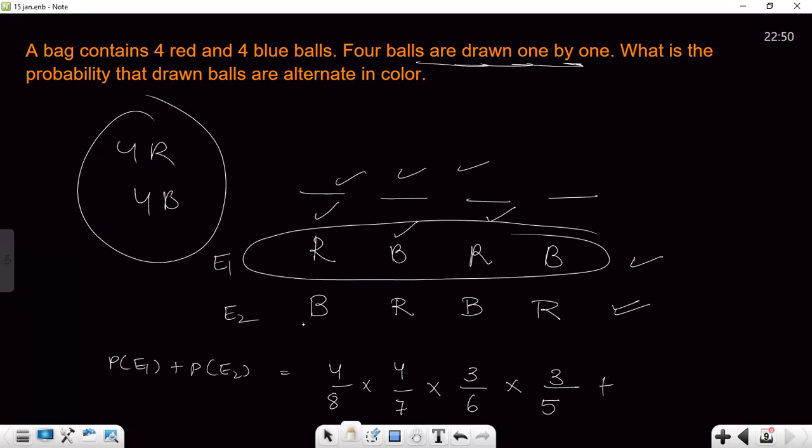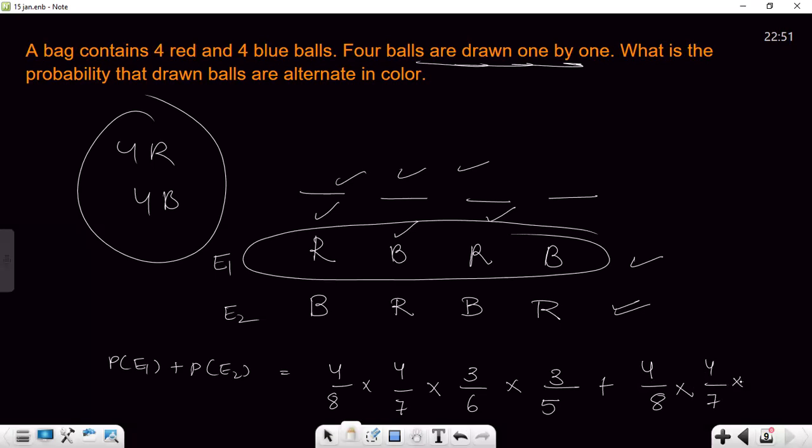Now discussing the probability of event 2. Withdrawing the first ball as blue. How many favorable cases? 4. Total balls 8. Multiplied with getting a red ball as the second ball. So how many reds are there? There are 4 reds. How many total balls are there after withdrawal of the first ball as blue? So 8 minus 1, 7. Now withdrawal of the third ball as blue.